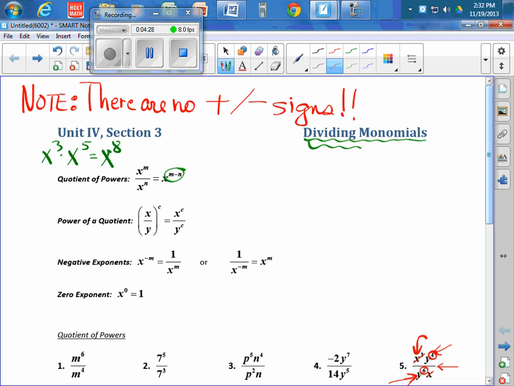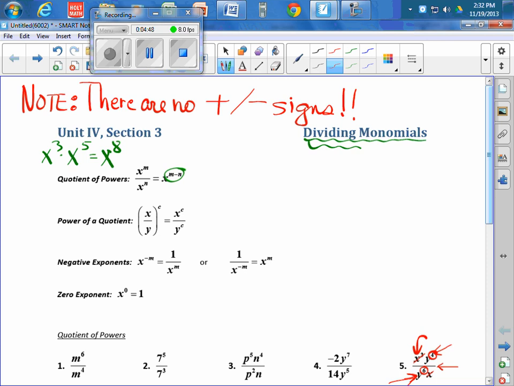When that's the case, all we're going to be doing is simplifying. But there's a lot of stuff to consider when you are simplifying these monomials, these single terms. There are no plus or minus signs. Let's take care of business this way.